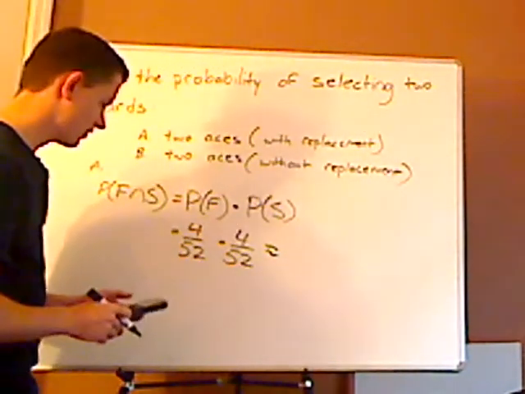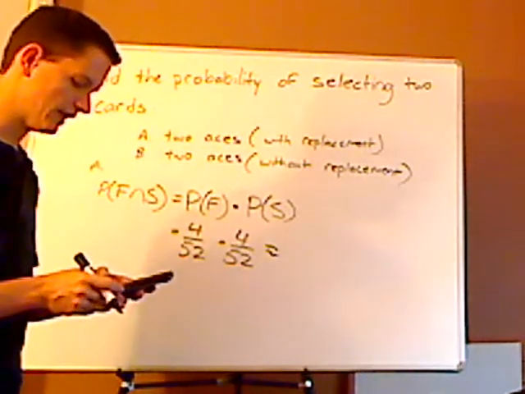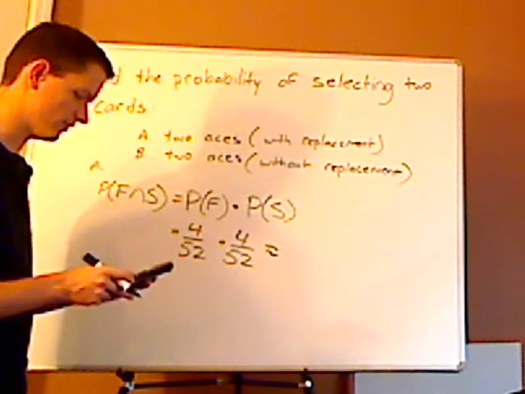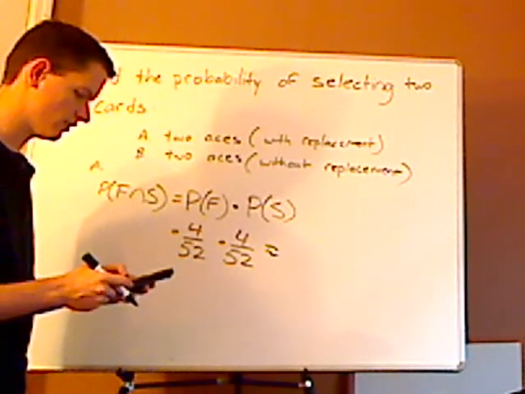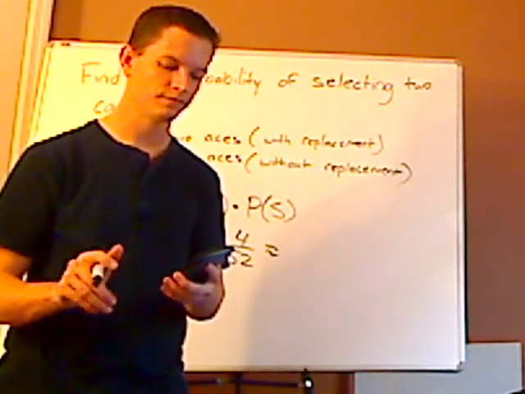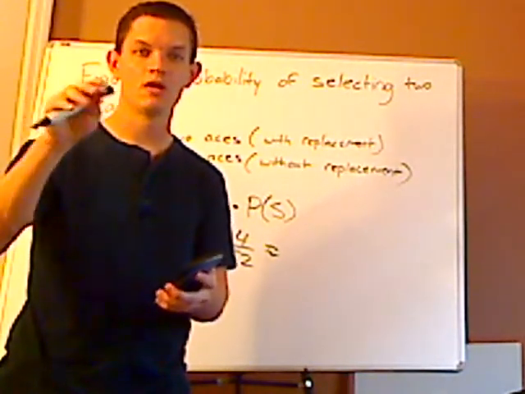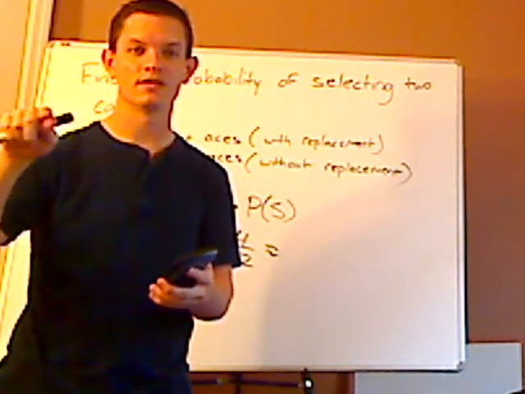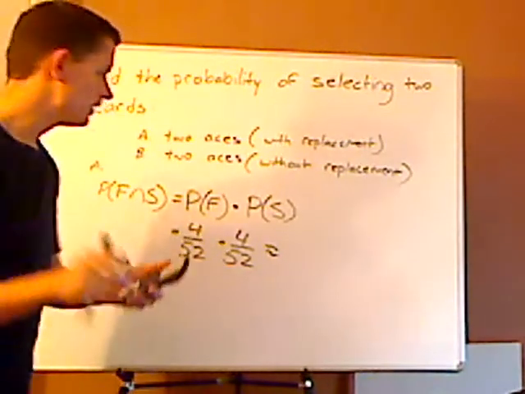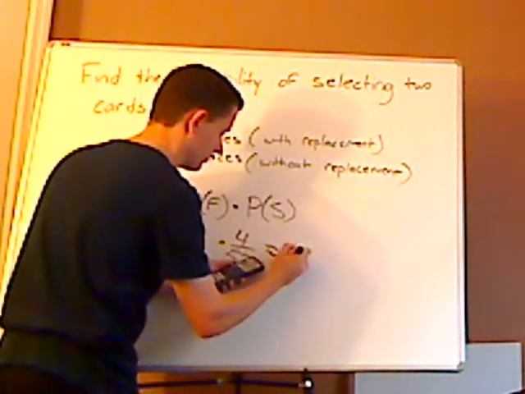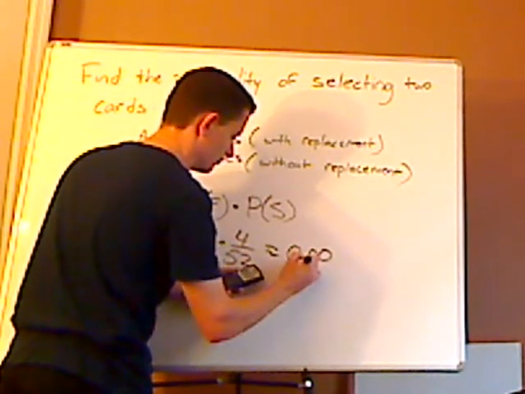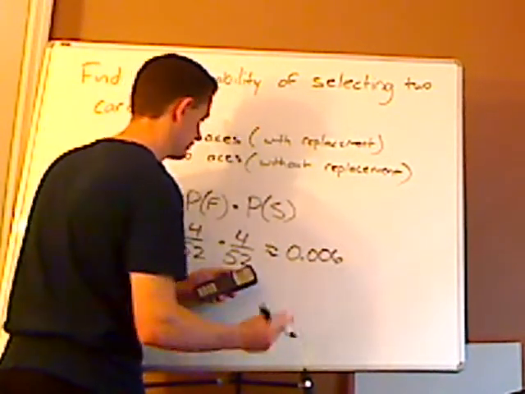So 4 times 4 is 16, and then you have 52 times 52. What I'm doing is typing into the calculator 16 over, with parentheses around the denominator, 52 times 52, and I get approximately, to 3 decimal places, 0.006.